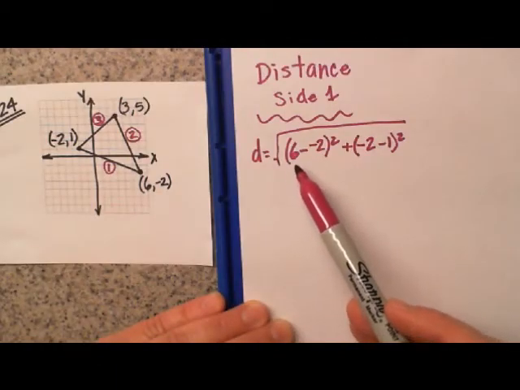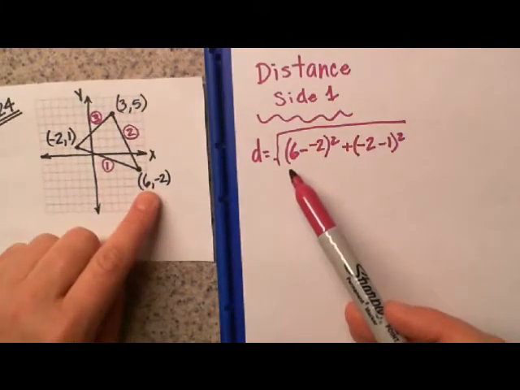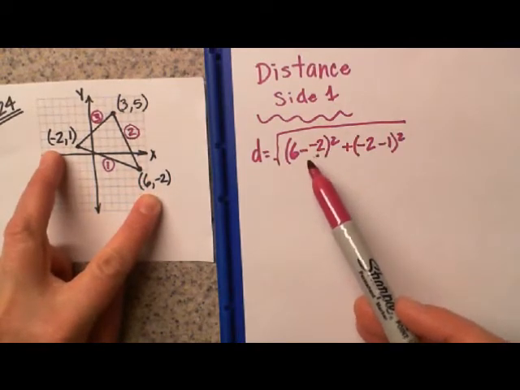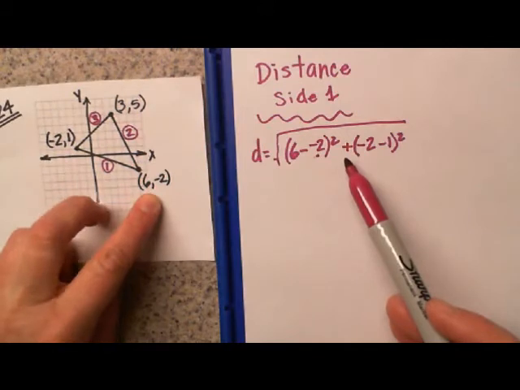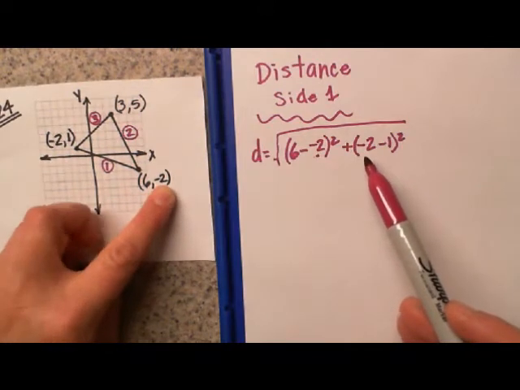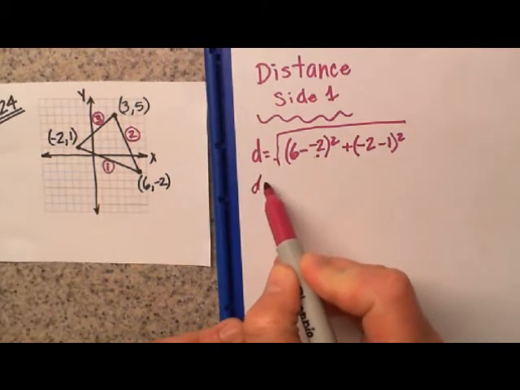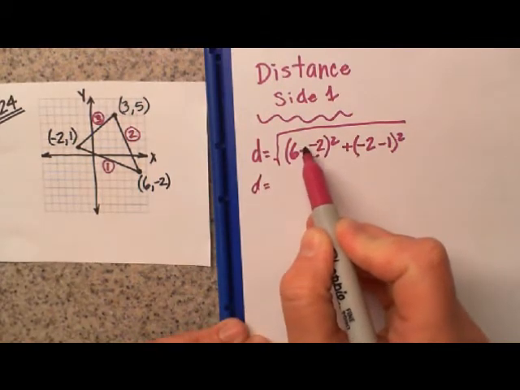Now, the first thing I did is decided to use this as point 2. So 6 minus the negative 2 squared plus negative 2 minus 1 squared. Our distance equals all of that.